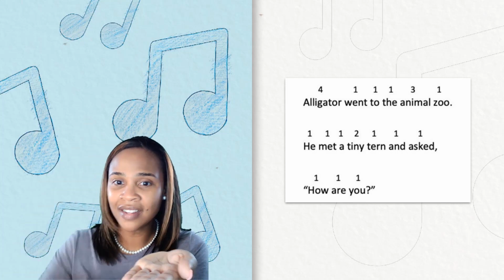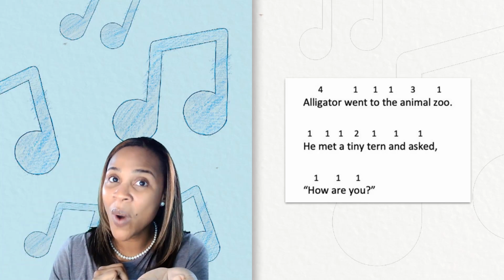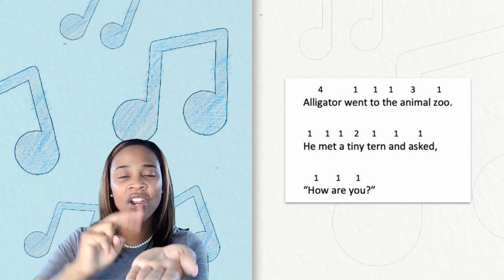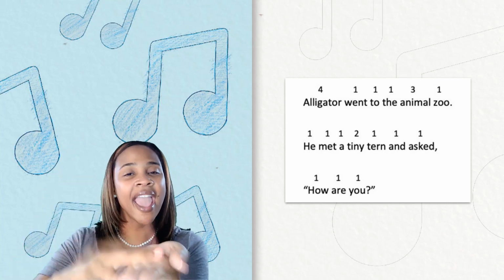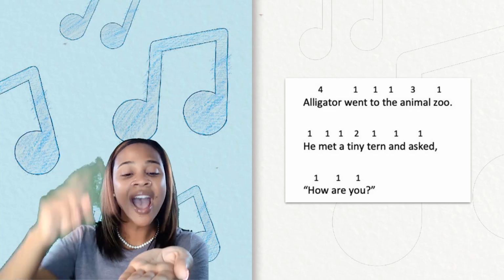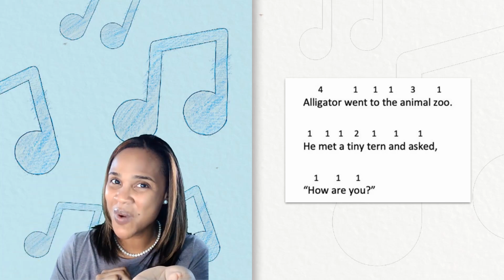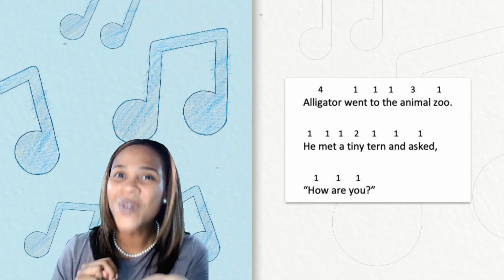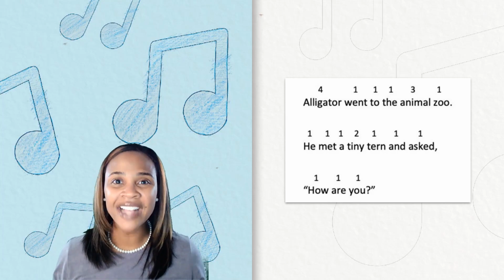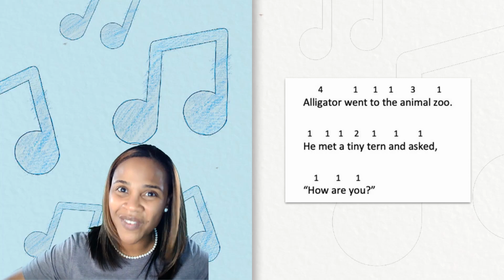He 1, met 1, a 1, tiny 2, tern 1, and 1, asked 1, how 1, are 1, you 1. Wow, we did it! We found the correct number of beats in all of the words in our poem. Great work with that.